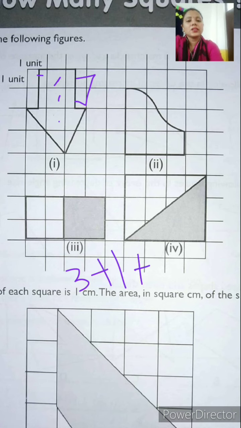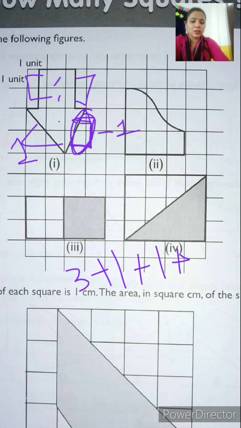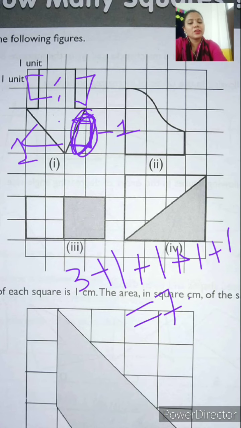Consider these two as 1 and these two also as 1, because they both make one complete square. So total is 3 plus 1 is 4, plus 1 is 5, plus 1 is 6, plus 1 is 7. So the answer is 7 units.